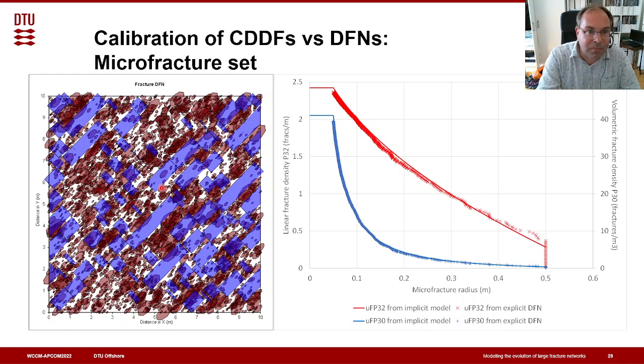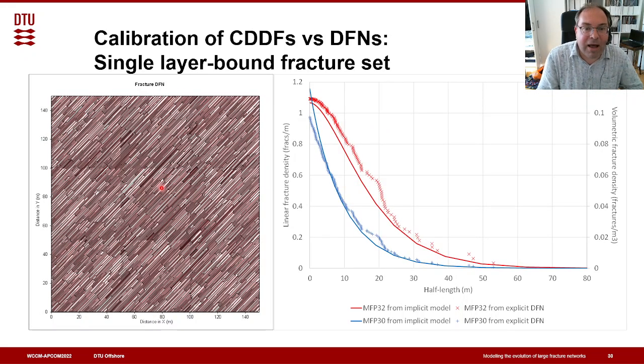We can do the same for layer-bound fractures. We see here on the left an explicit DFN with a single set of parallel layer-bound fractures which grow until they interact by stress shadow interaction with other parallel fractures.